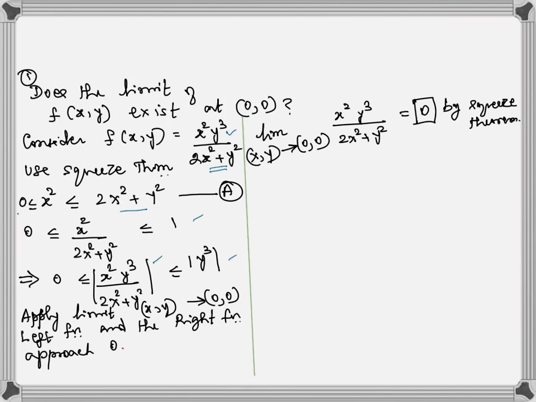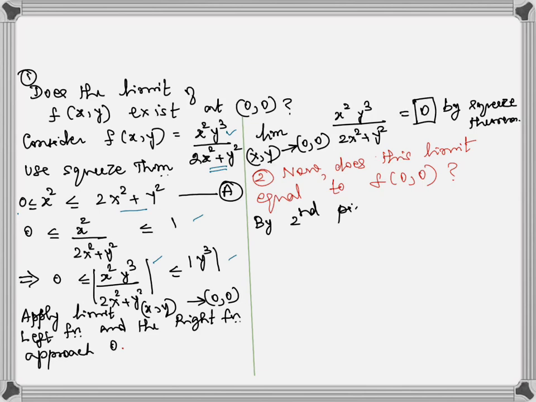Now the second part: is this limit value equal to f of (0, 0)? That comes from the definition of the piecewise defined function. If you look at the definition of the function, the second piece tells us that f at (0, 0) is equal to 1. f of x y equals 1 for (x, y) equal to (0, 0).